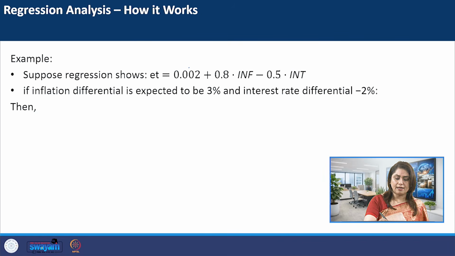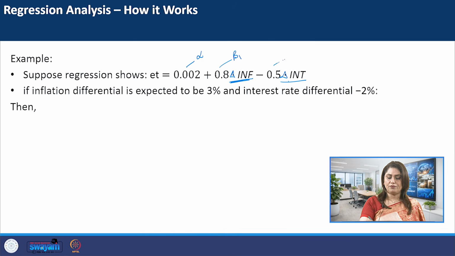So, we have this alpha, which is the intercept, then we have this variable which is inflation differential, we have another variable which is interest rate differential, we have beta 1 which is the coefficient of inflation differential, and we have beta 2 which is the coefficient of interest rate differential.